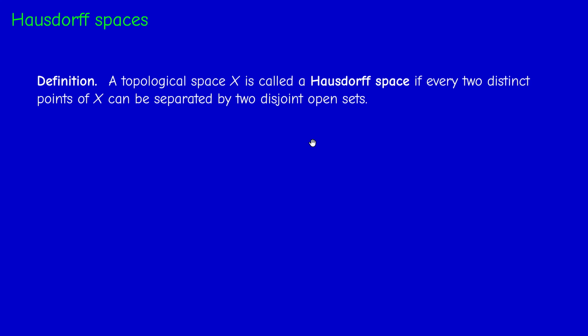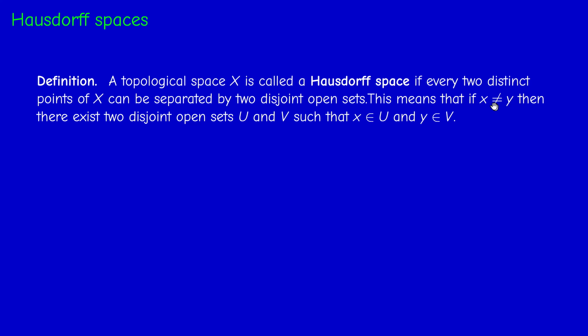Now we come to Hausdorff spaces, a very important class of spaces. Hausdorff space in French is called séparé. Why? The Hausdorff condition means that every two distinct points of X can be separated by two disjoint open sets or two disjoint neighborhoods.